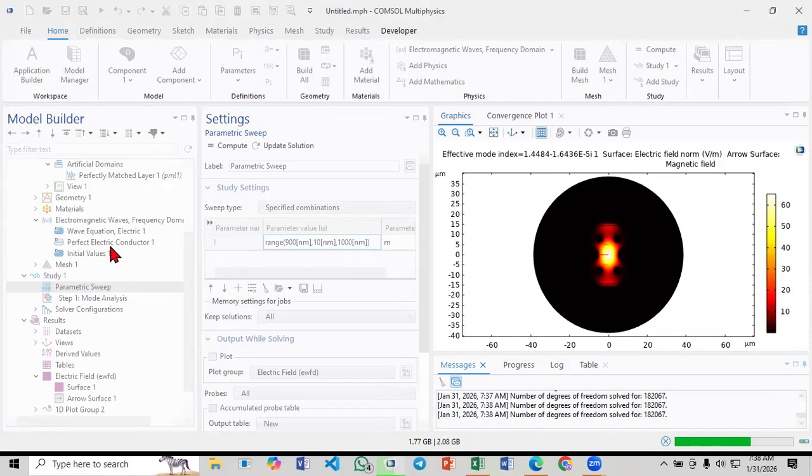Or sometimes you may have taken a false mesh or physics. Another thing I can tell you is that taking a lower mesh, like in this simulation where we choose normal mesh, is not fine actually. Normal mesh is not fine. To get an errorless result, you must choose finer or fine mesh, or extra fine mesh.